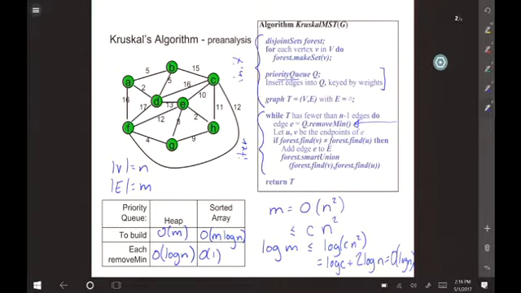So we're going to use m whenever we can if it matters, but here it doesn't matter. Here, log m is big O of log n. They're the same, whereas linearly, they are not.